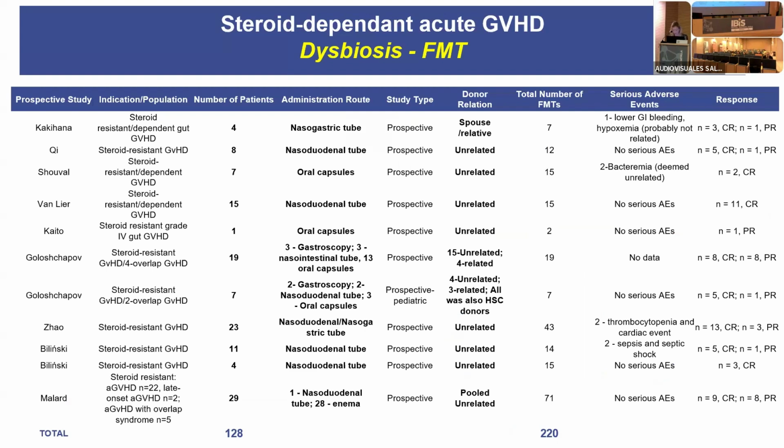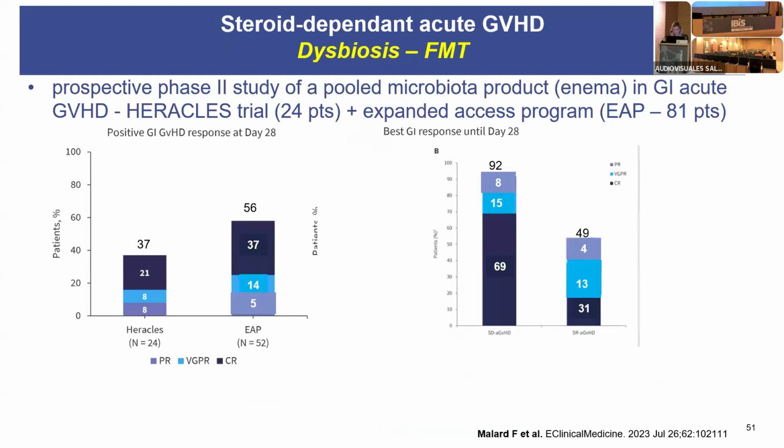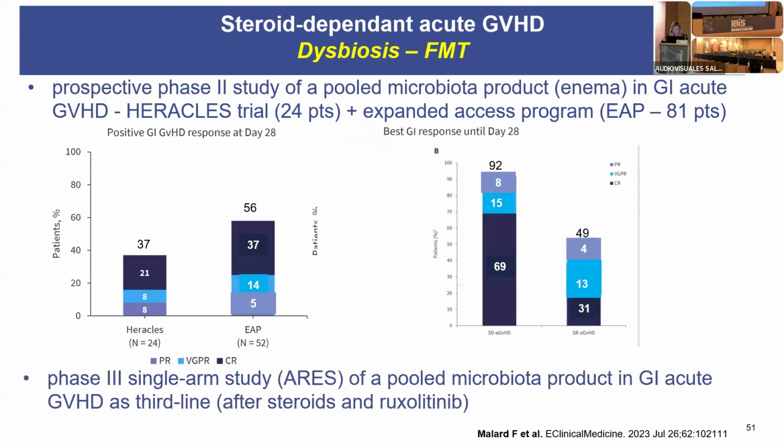We have some retrospective data on FMT, which are summarized here, and some good responses. And we even have some prospective phase 2 data, where it seems to work in approximately half of the patients that did not respond to previous treatments.